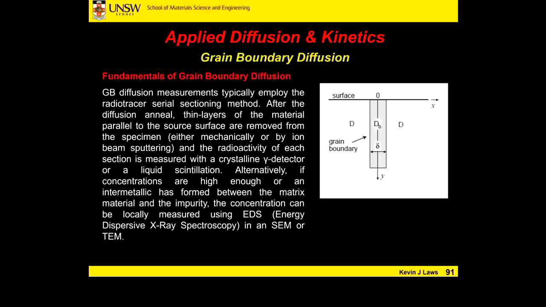We can't pick up chemically an element that's the same within itself because they're all the same. So what we do, we pick up our radio tracers, an isotope of the same element, and then we detect the level of radioactivity at a certain depth profile. That way we can determine the diffusion coefficient of self-diffusion within a material along a grain boundary or within the lattice.